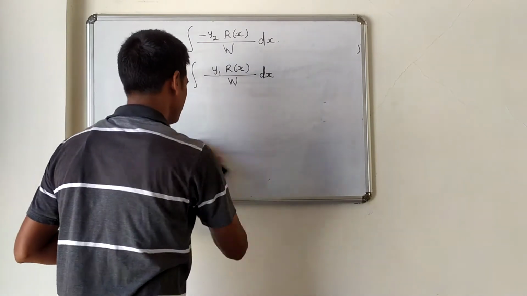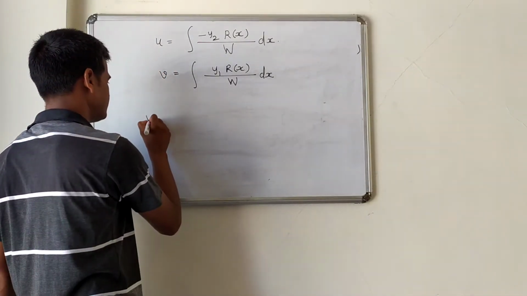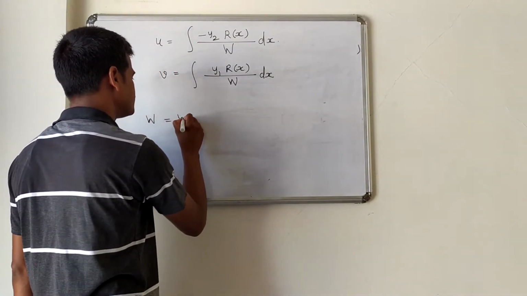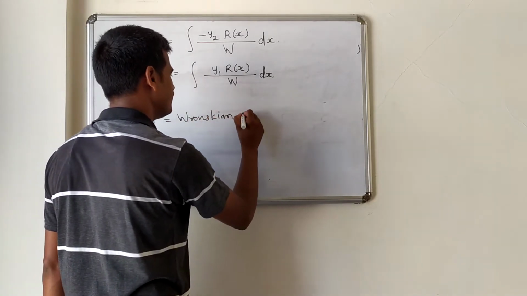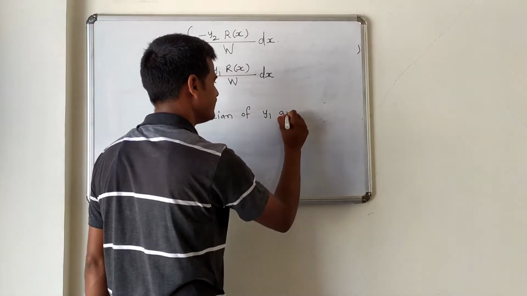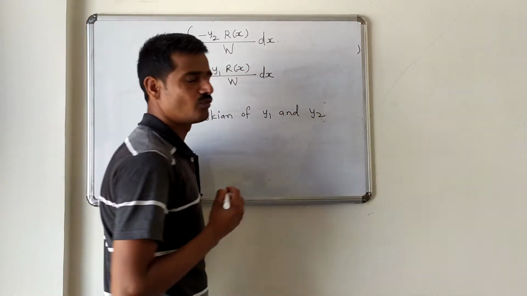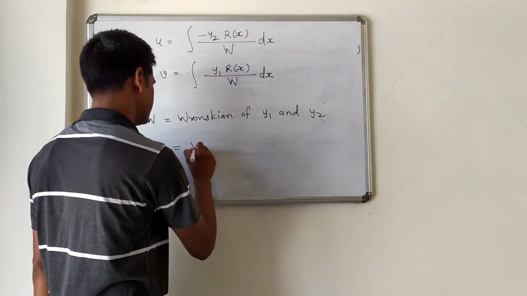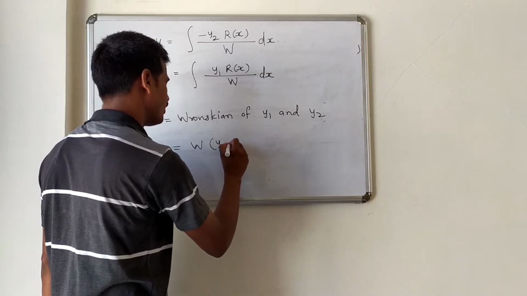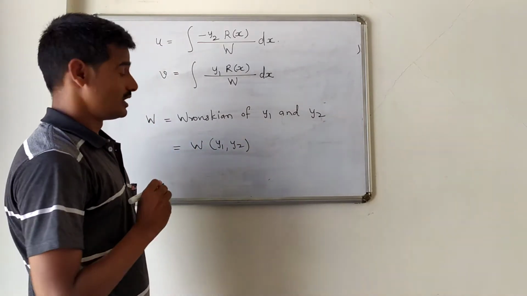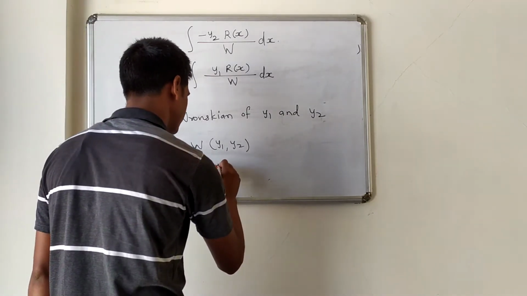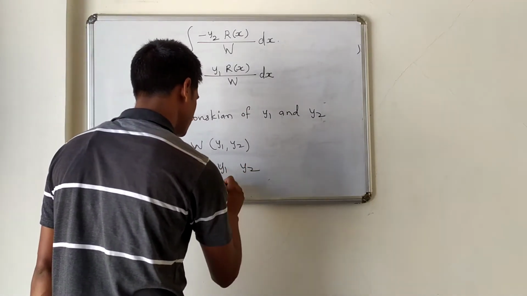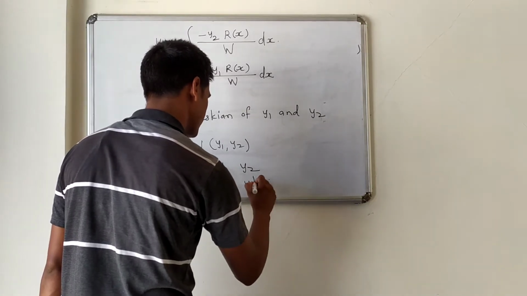Here W is called the Wronskian of y1 and y2, denoted by W of y1 comma y2. It is nothing but the determinant of y1 y2, y1 dash y2 dash.